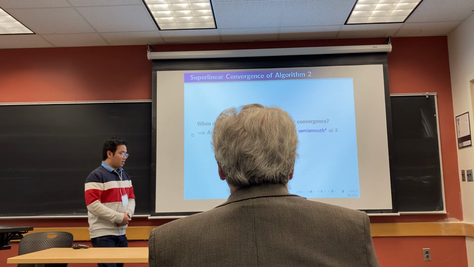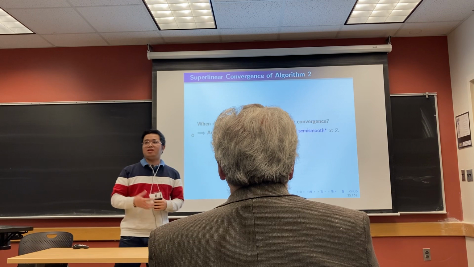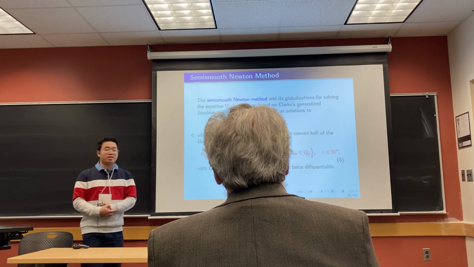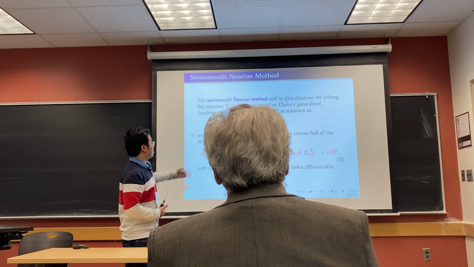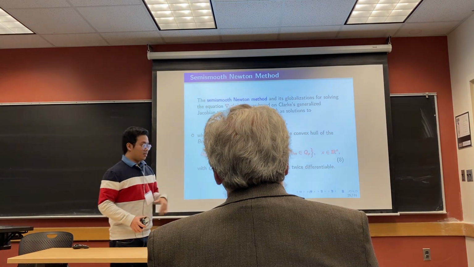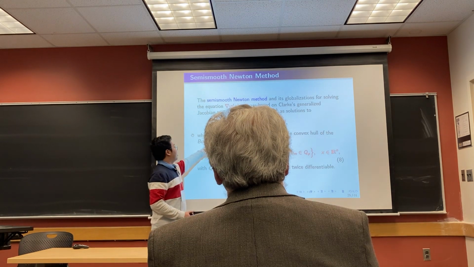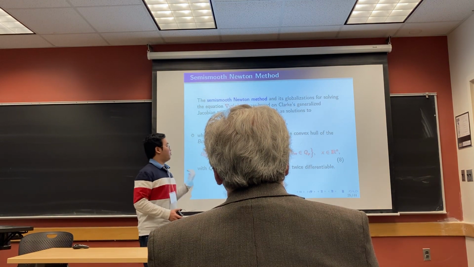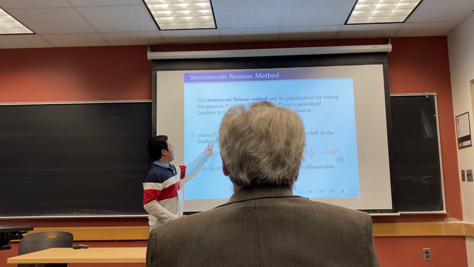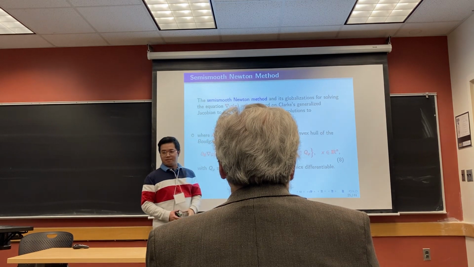Next, we want to compare our approach with the classical semismooth Newton method. Here I will recall the semismooth Newton method. The difference between our method and the semismooth Newton method is that for the semismooth Newton method, the direction is defined by solving this linear equation, where A here is an element of the Clarke generalized gradient.